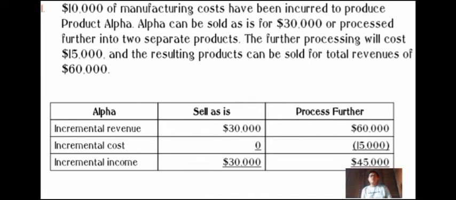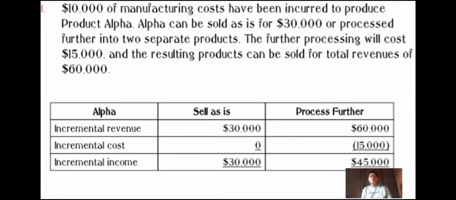The incremental revenue is $30,000 if you sell the product as is. If the units are processed further, they can be sold for $60,000. There is no incremental cost if we sell the product as is. But if we process the units further, the additional cost will be $15,000.